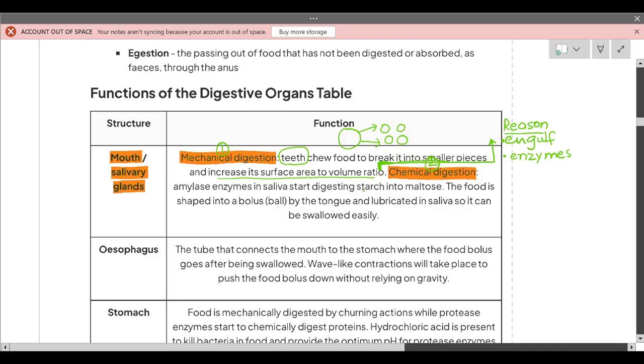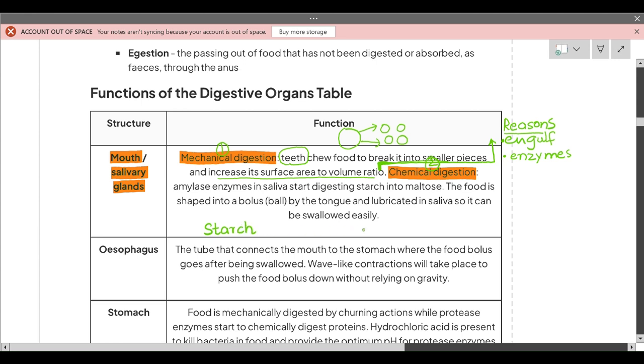I previously told you the type of food molecule whose chemical digestion takes place here. Can you please give me the answer? Which food molecule is digested chemically in your mouth? Yes, starch is the food molecule that is chemically digested here.